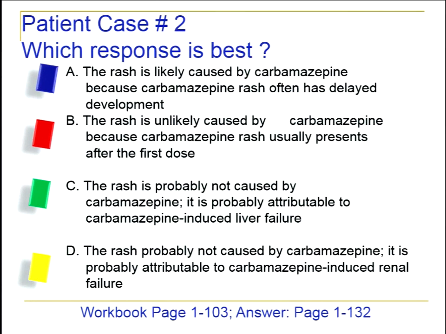The rash is likely caused by carbamazepine because the rash often has a delayed development. The rash is unlikely to be caused by carbamazepine because carbamazepine rash usually presents after the first dose. The rash is probably not caused by carbamazepine. It's probably attributable to carbamazepine-induced liver failure. Or it's probably not carbamazepine. It's probably carbamazepine-induced renal failure.